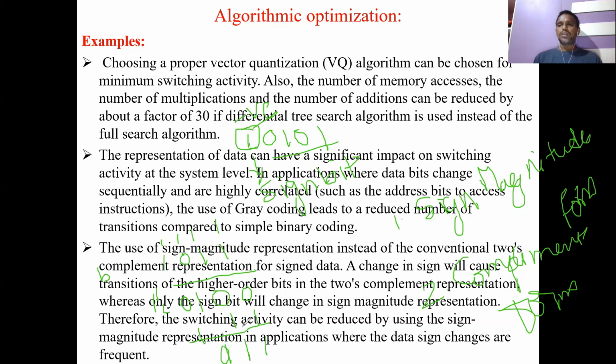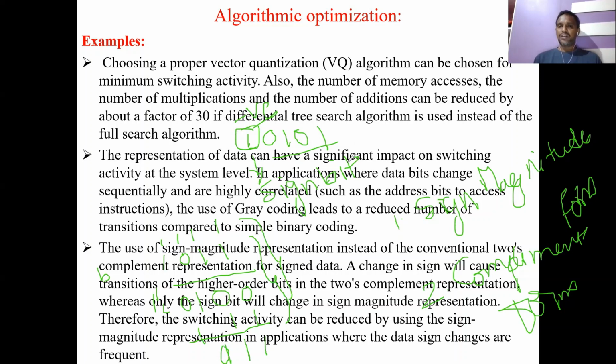That means we have many steps and many transitions that have to take place to represent a negative number in 2's complement, compared with the signed magnitude form. Fewer transitions take place in signed magnitude form. So to optimize the switching activity, we will go for the signed magnitude representation to represent a signed number.